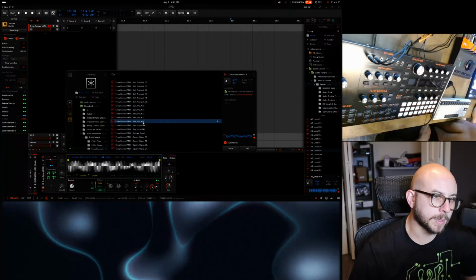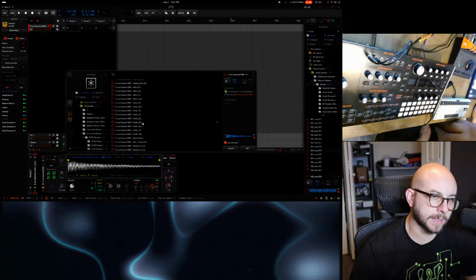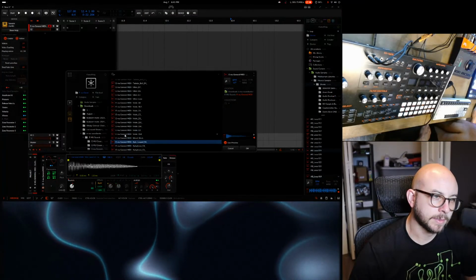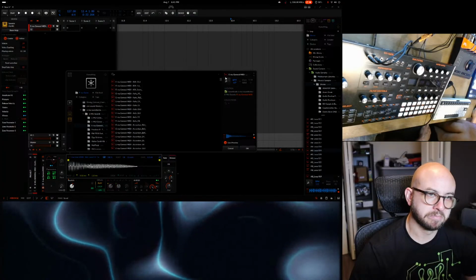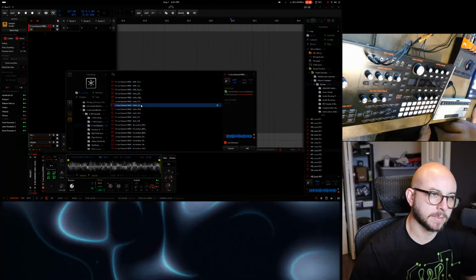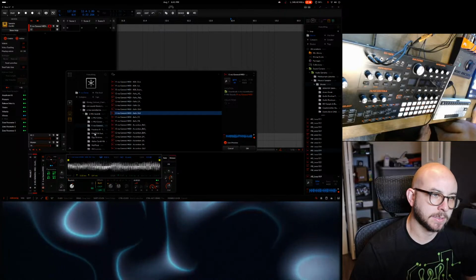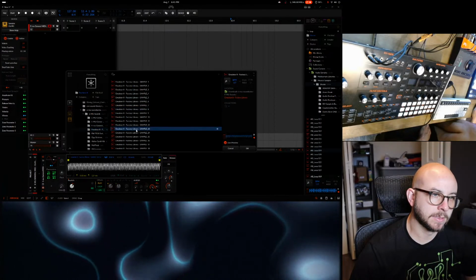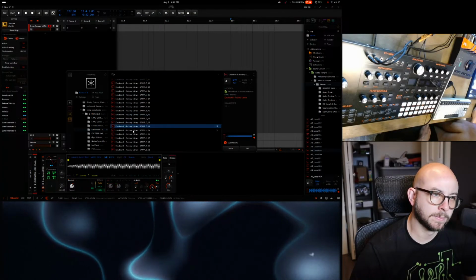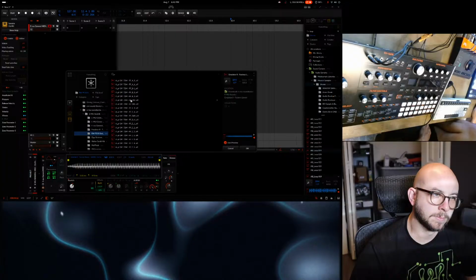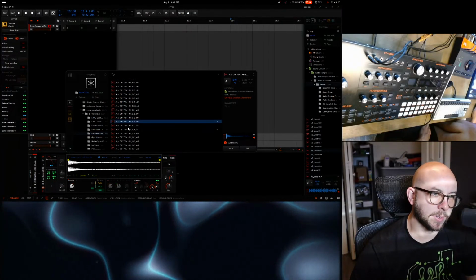They're so short, and I'm trying to figure out if they're supposed to have tails or not. Doesn't look like it. So general MIDI, kind of crummy sounds. Yeah, that's all piano.